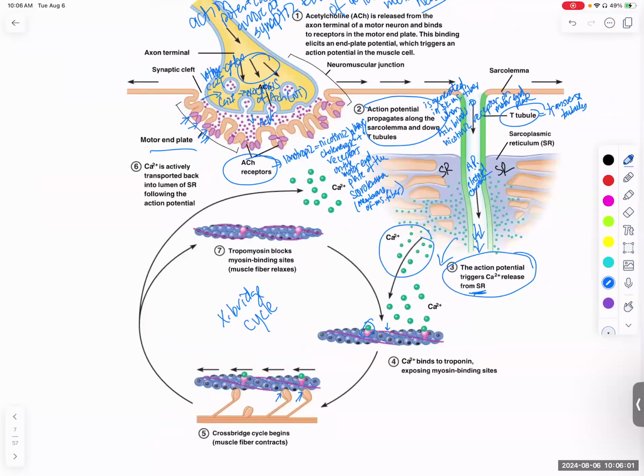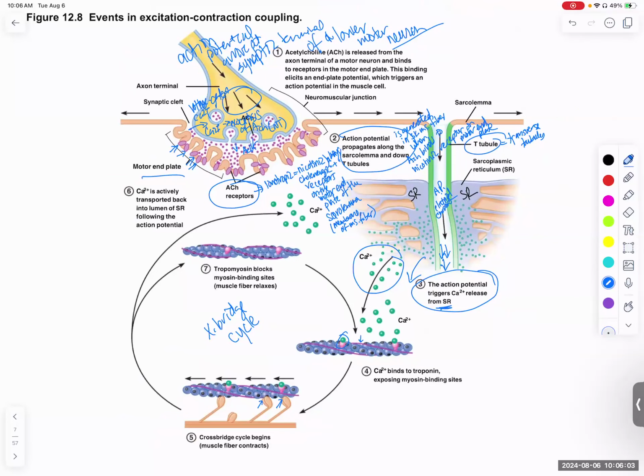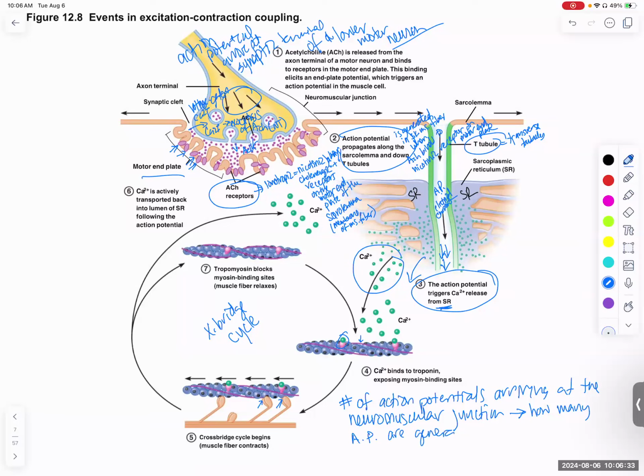And so it really comes down to the number of action potentials arriving at the neuromuscular junction, which is going to determine how many action potentials are generated in the muscle fiber.